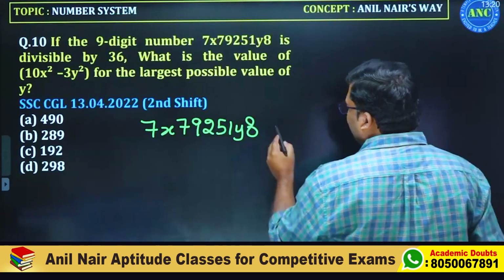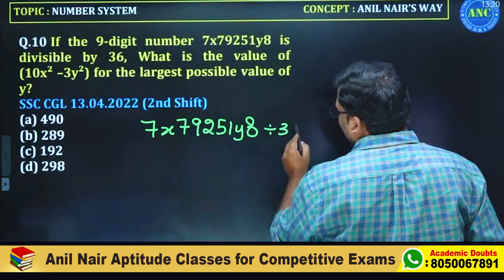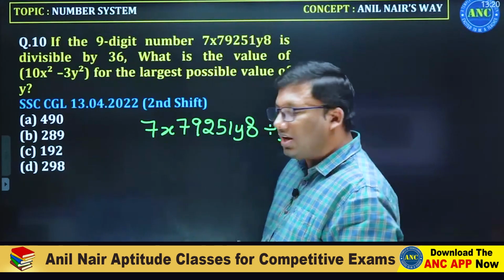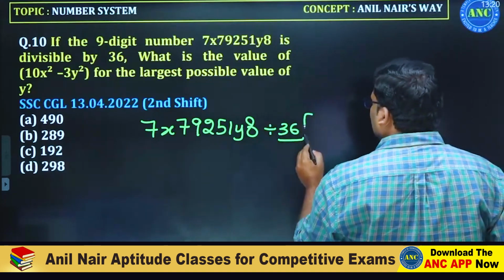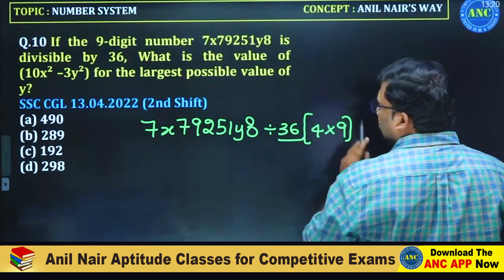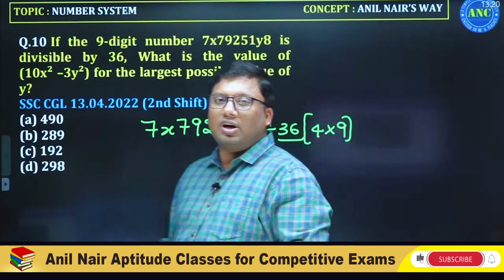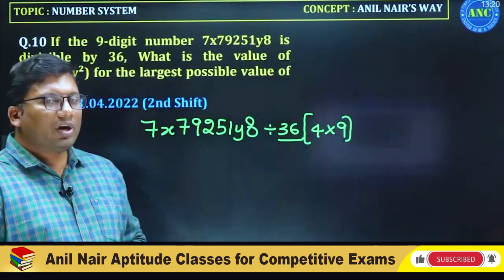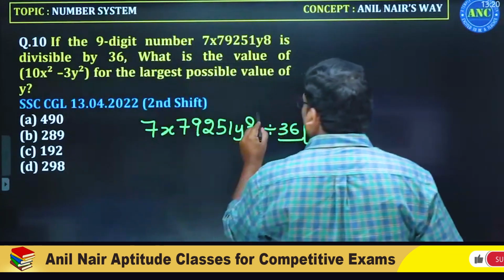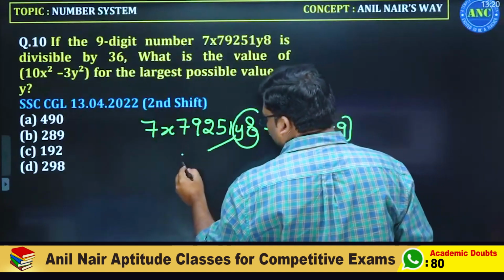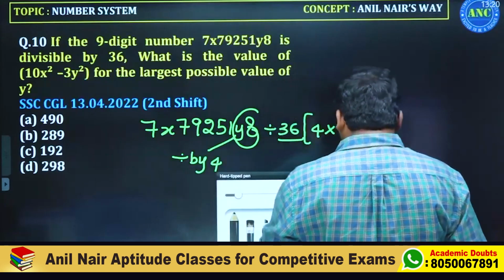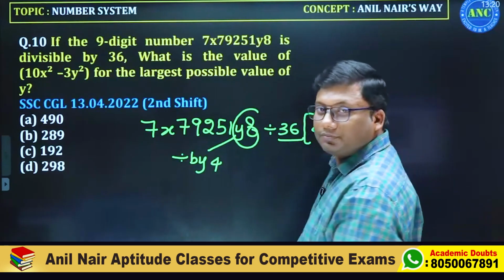This number is divisible by 36. 36 is a composite number, so the number should be divisible by 4 and 9. Now if you see here, what is the divisibility rule of 4? The last 2 digits should be divisible by 4.